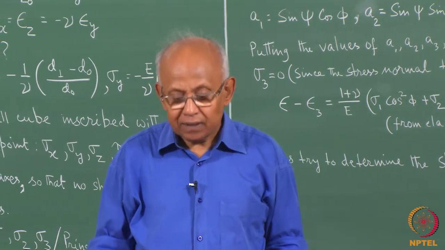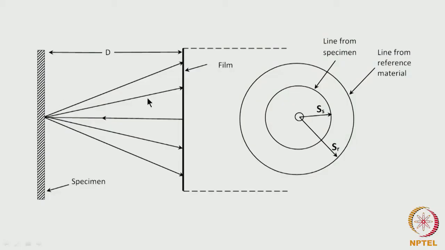So, what will happen? We will get the Debye rings from the specimen as well as from the reference material, for which the lattice constants and everything are known.